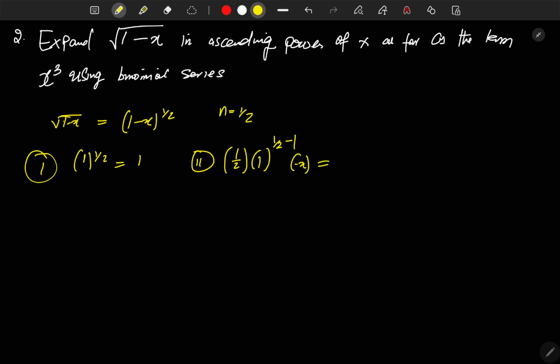So what do we get when we evaluate that part? We'll be getting half times 1 to the power negative half, which will give us negative 1 over 2, times negative x. Is there anything else that we have to do here?